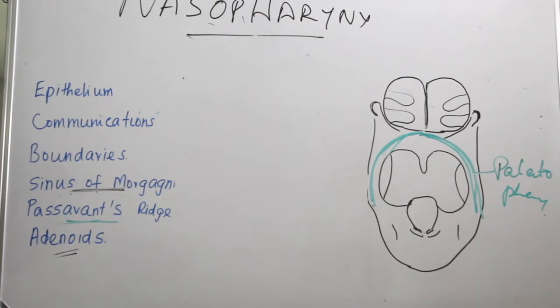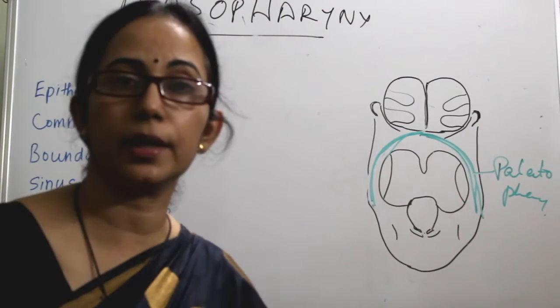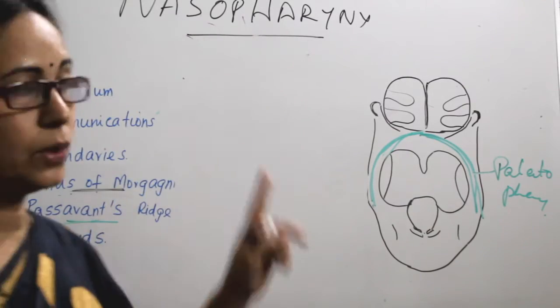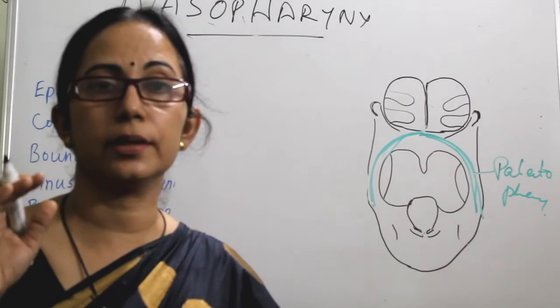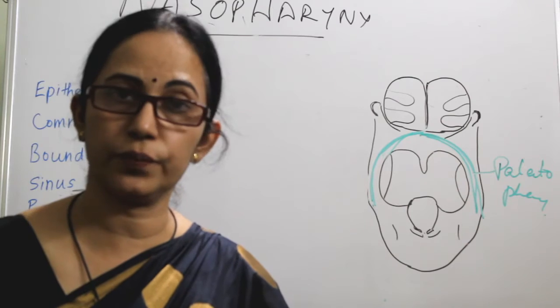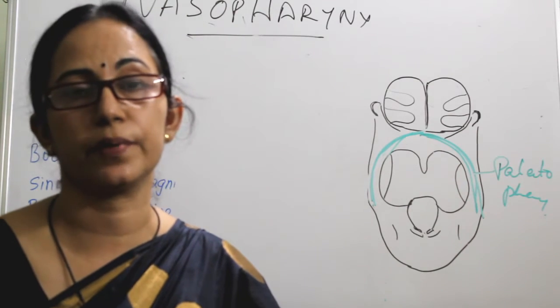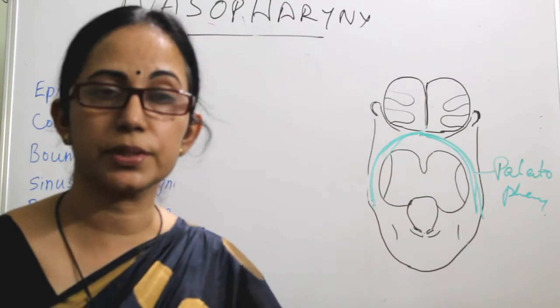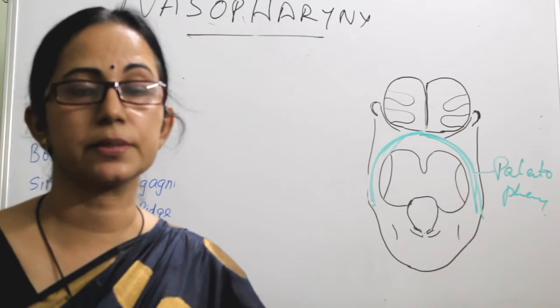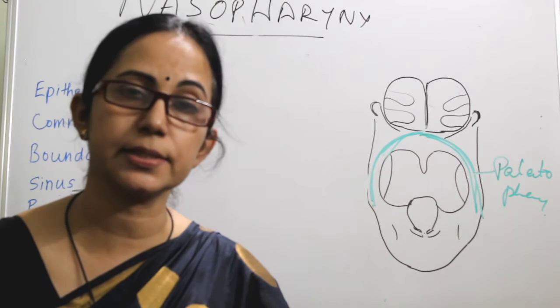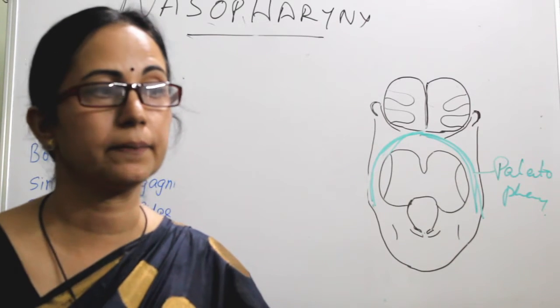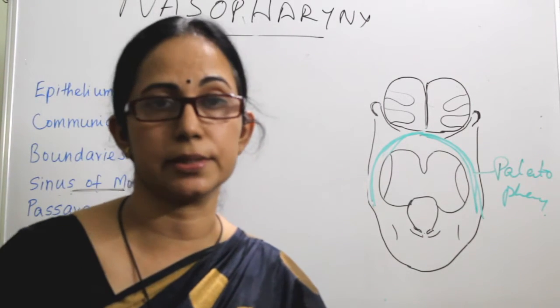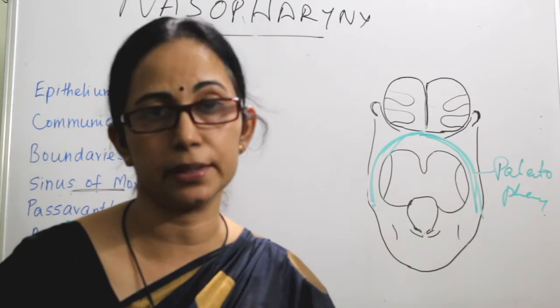Then comes the adenoids. So what about the adenoids? It is located at the junction of the roof and the posterior wall of the nasopharynx. They normally grow up to 6 years of age, reaching a maximum size by around 5 to 6 years. Then it starts regressing, and by the age of 18 to 20 years, it completely disappears.